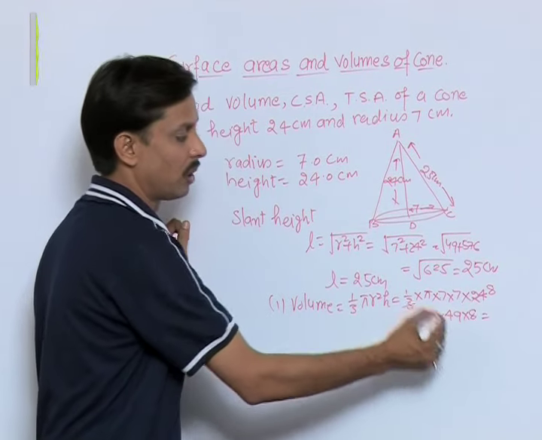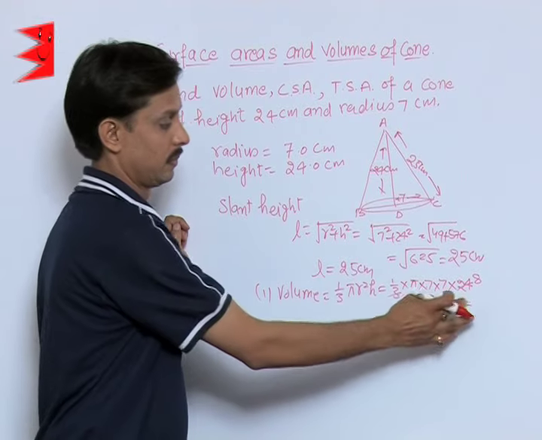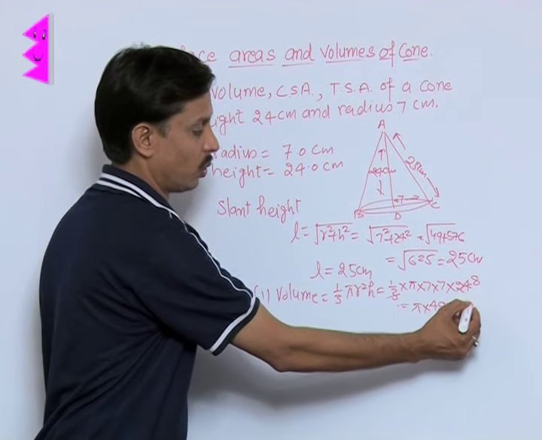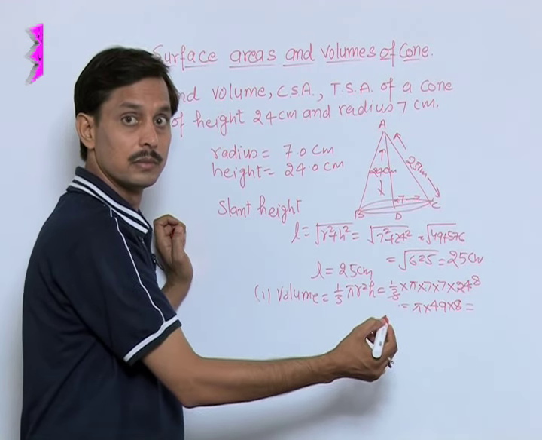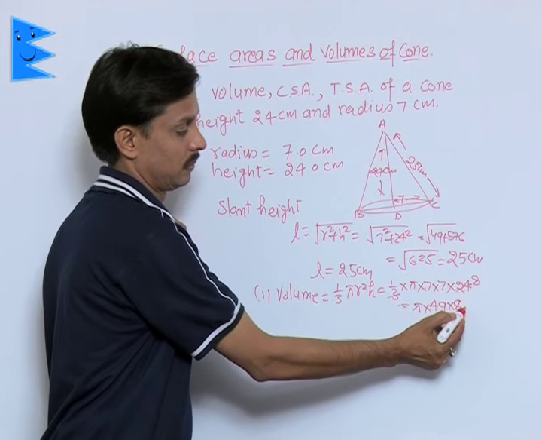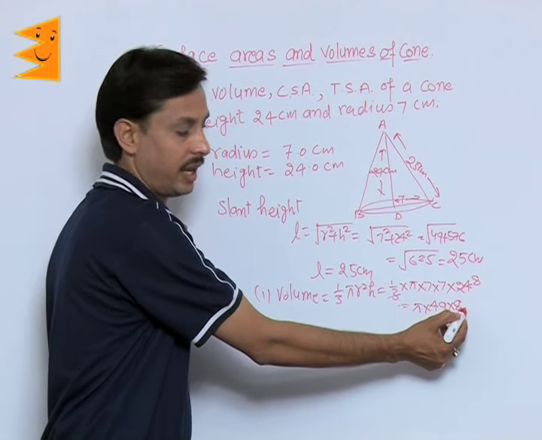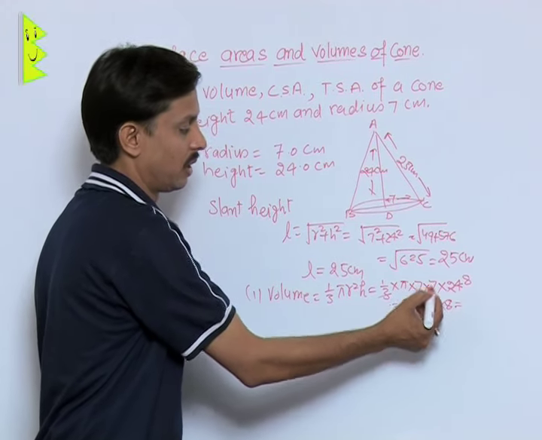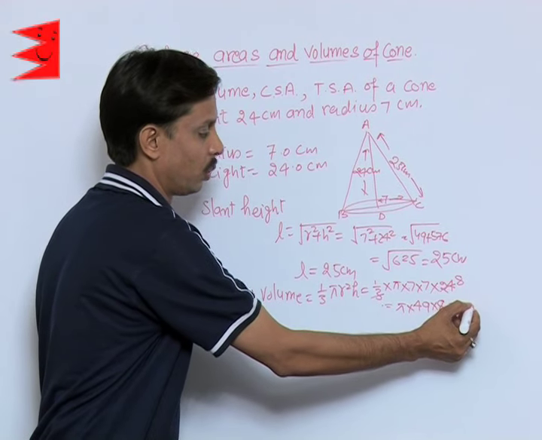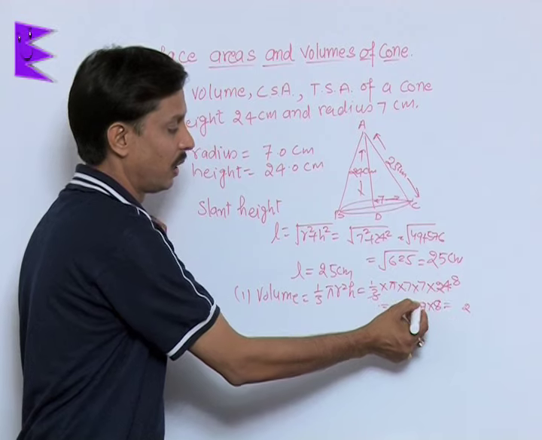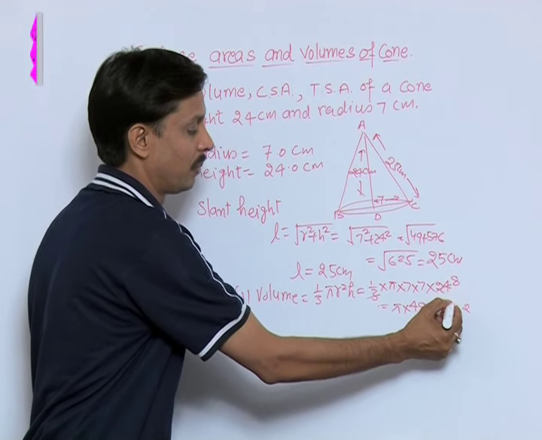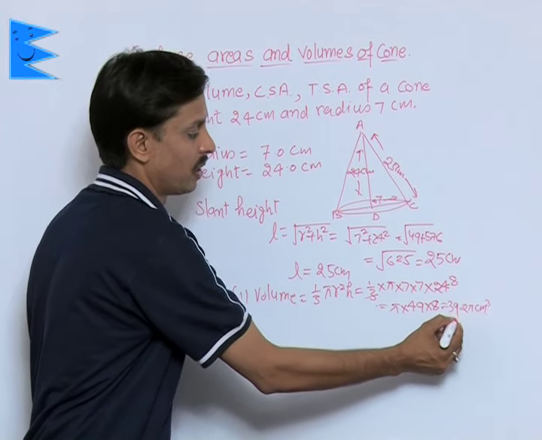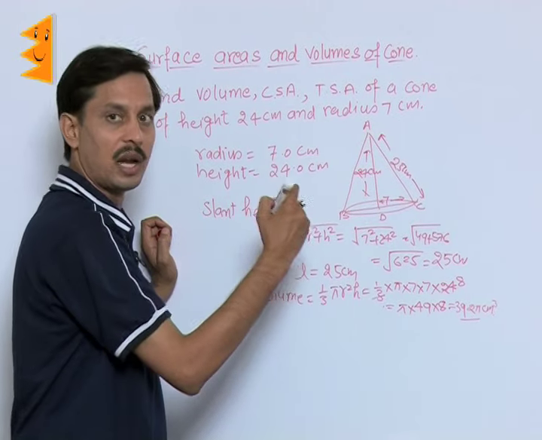So after calculation of this, the product of pi into 49 into 8 is equal to, 8 nines are 72, it is 2, carry 7, 8 fours are 32, 32 plus 7 becomes 39, 392 pi centimeter cubed is the volume of the cone in the given dimensions.